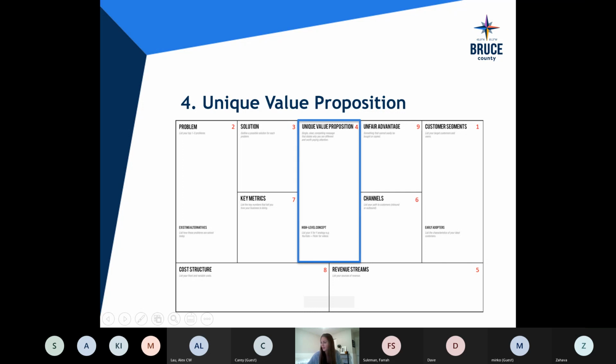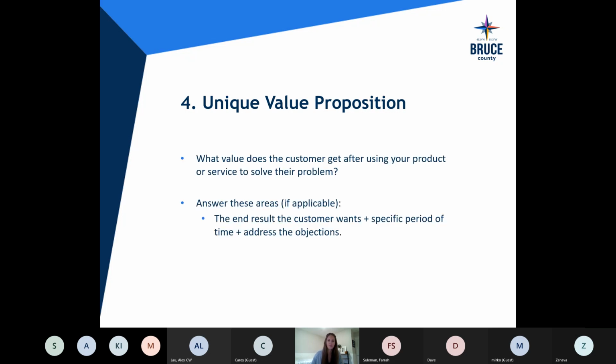Underneath it says a single, clear, compelling message that states why you are different and worth paying attention to. So as I said, what value does the customer get after using your product or service that solves their problem? Again, the value, not the features, not the benefits.